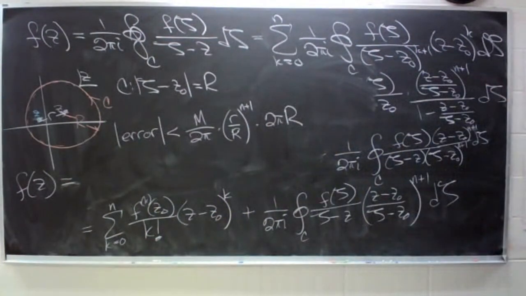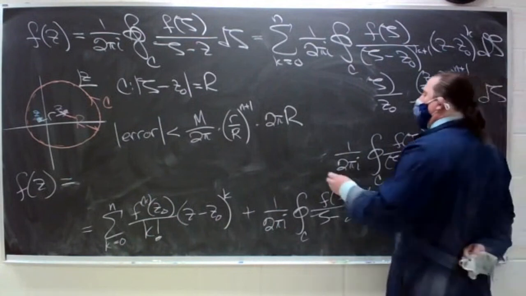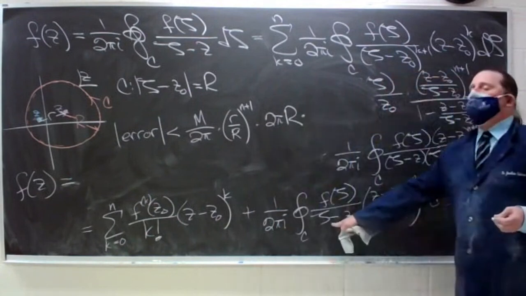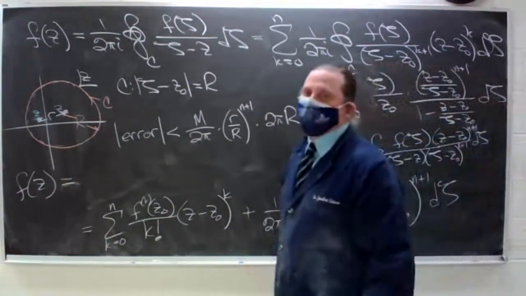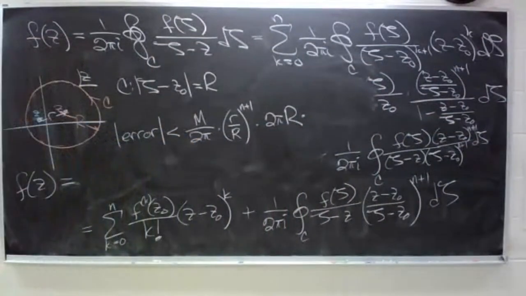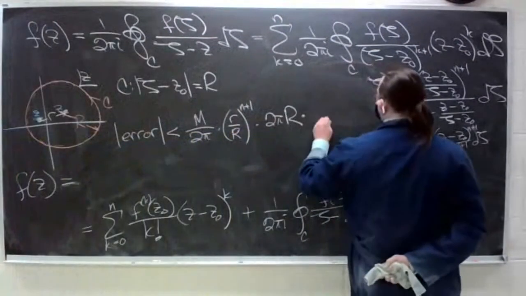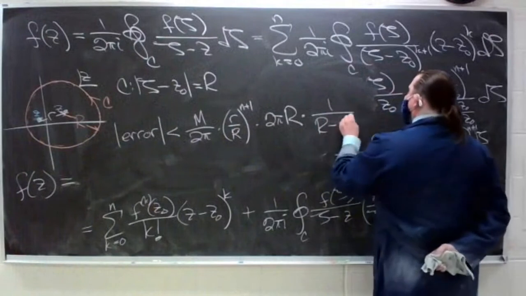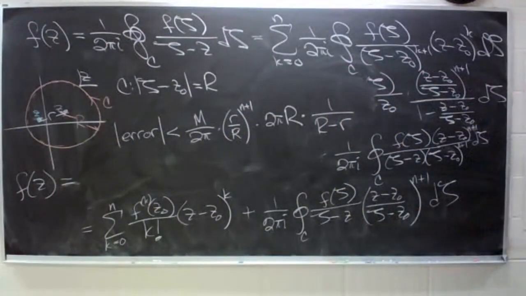2 pi capital R for the length of the contour, and then 1 over zeta minus z. The modulus of zeta minus z is always larger than or at best equal to capital R minus lowercase r.